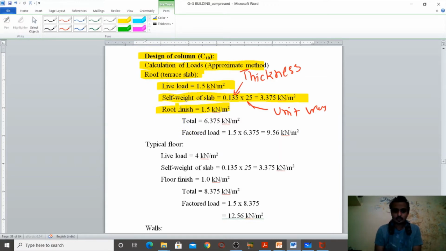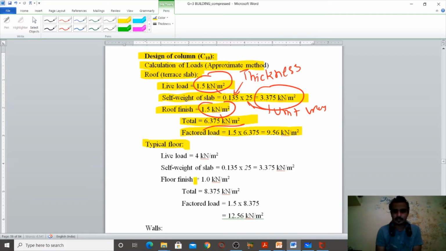So total load is 6.375 kN per meter square. Total load means the summation of live load, self weight and roof finish. We multiplied the total load by 1.5 and found the factored load, 1.5 into 6.375. So the factored load is 9.56 kN per meter square. These are the loads on the roof.